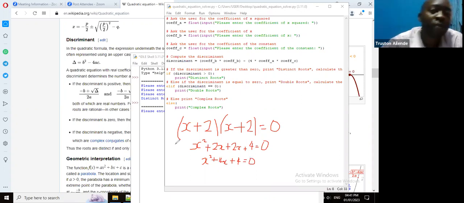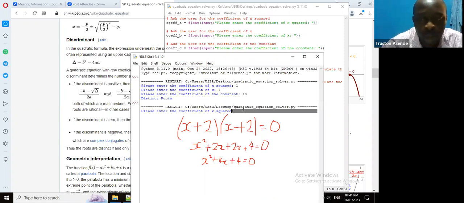So to print out double root in our program, we just need the program to use 1, 4, 4. So say 1, 4, 4. Print out double roots.